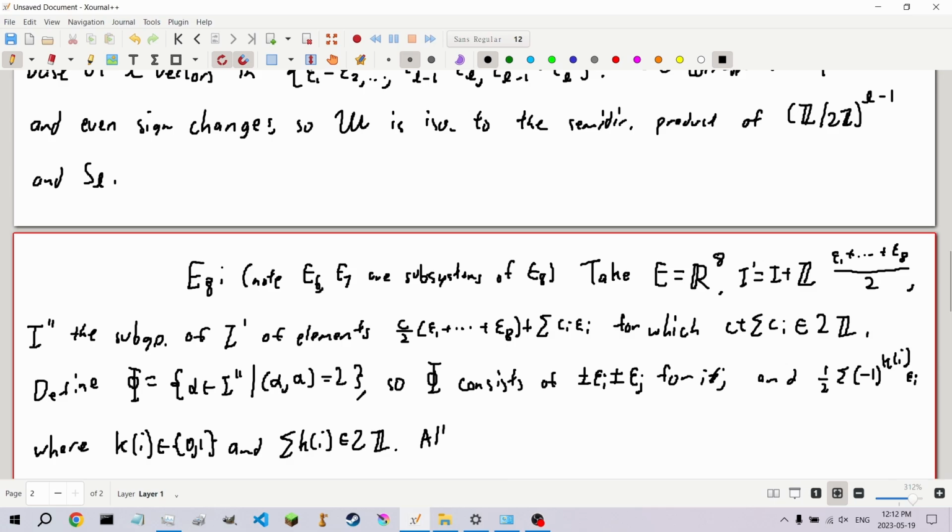All inner products are in the integers. Given that we have our I prime being a lattice bigger than I, you do have to check this.